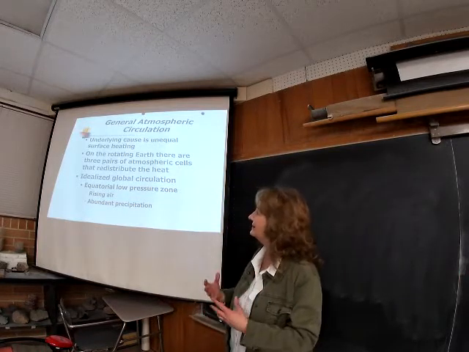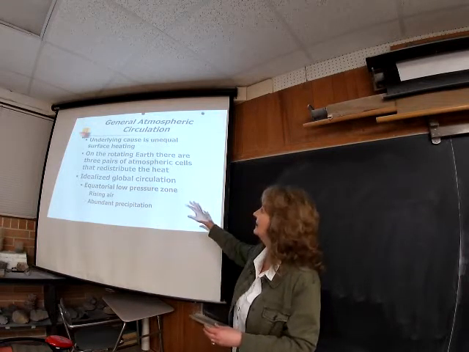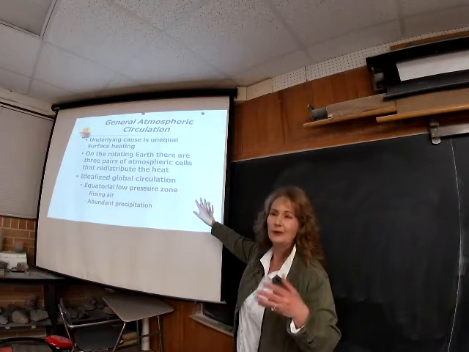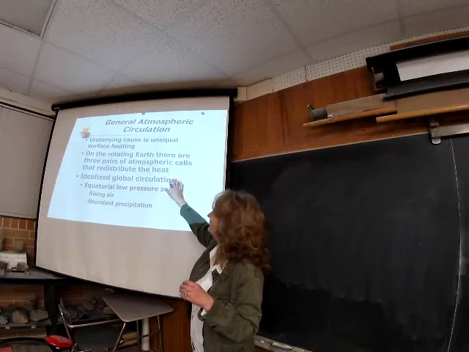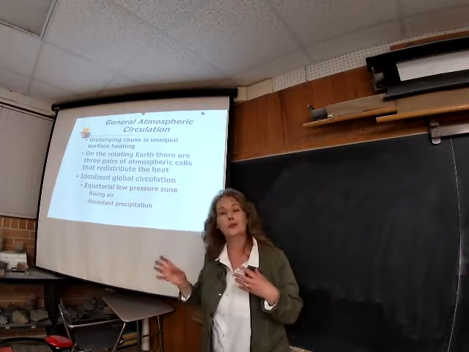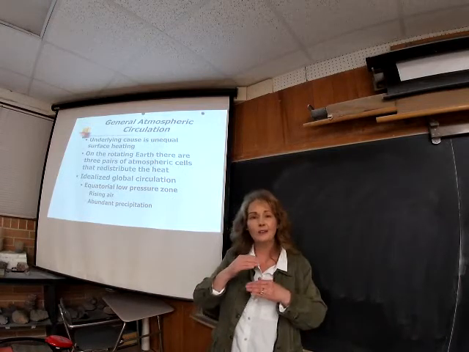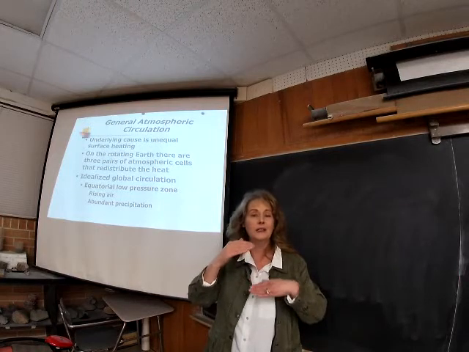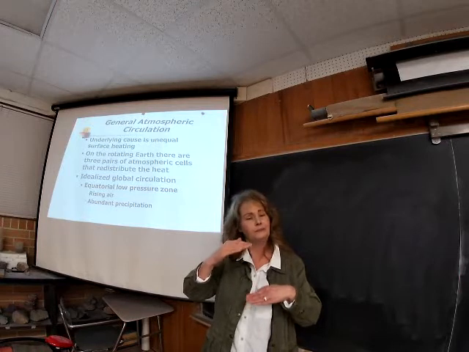So bringing that together, we do get sort of an idealized circulation here. So on the rotating Earth, there's basically 3 pairs. I might venture to say there's 4 pairs of atmospheric cells that redistribute this difference in heat, right? Kind of over the equator, straddling maybe 30 degrees, at least to 23.5 degrees north and south of the equator.